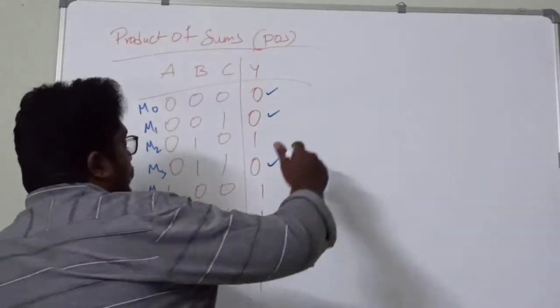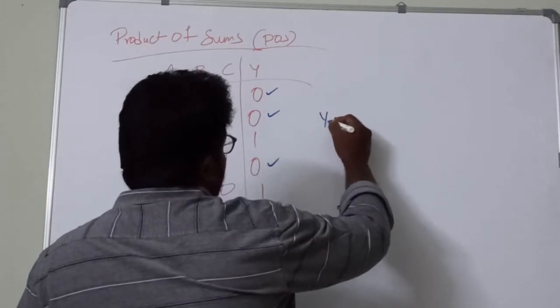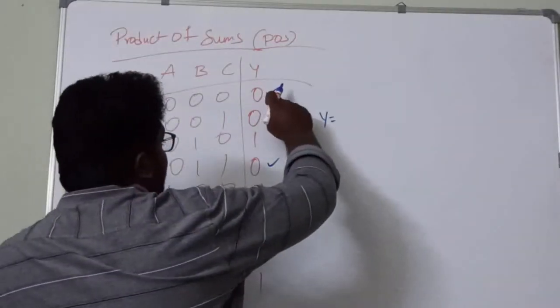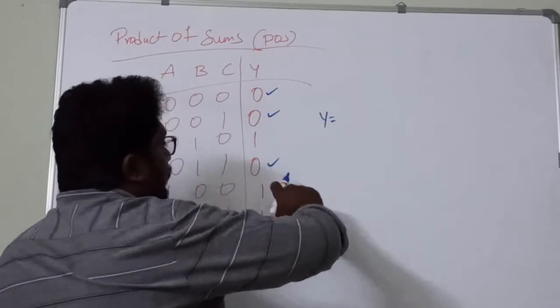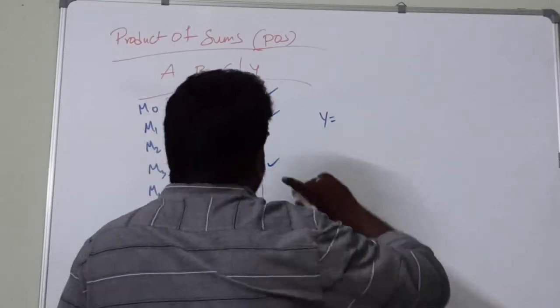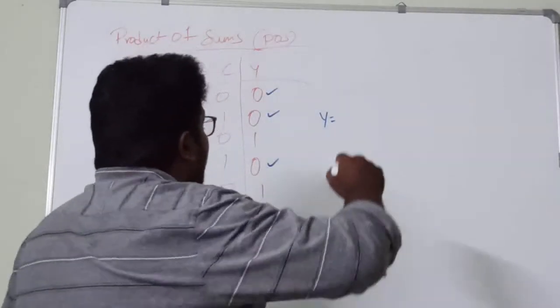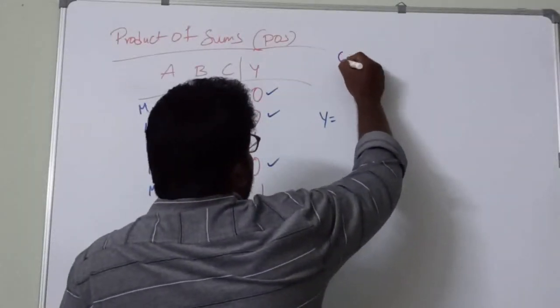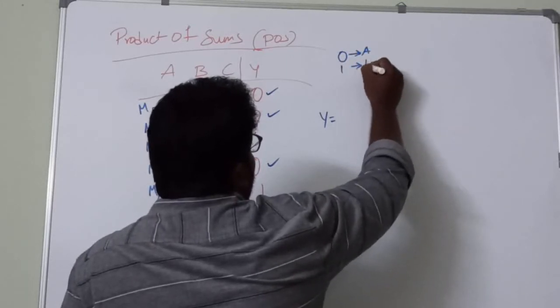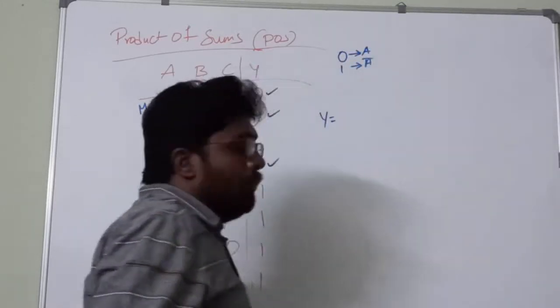Now we can write the expression for Y. With zeros, we will be using only these three outputs, right? One more thing: in POS form, 0 will be represented as A and 1 will be represented as A complement.